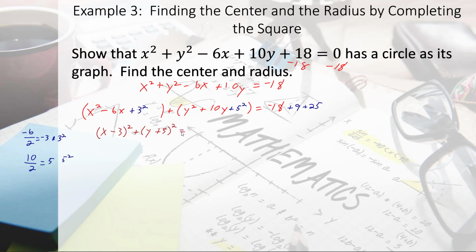And that is going to be equal to negative 18 plus 9, which will be negative 9, plus 25, and that will be equal to positive 16. So I'll have x minus 3 squared plus y plus 5, the entire thing squared, is going to be equal to 16. Okay, so what is the center? Well, the center is going to be the point 3, negative 5. What is the radius? It's going to be the square root of 16, or 4. And there you go. That's how you figure that out.